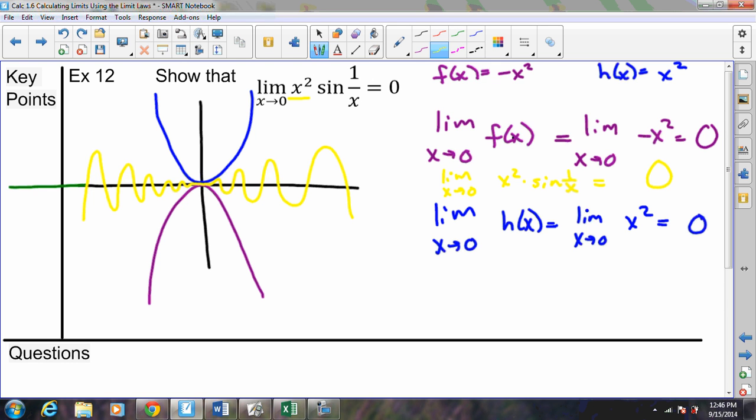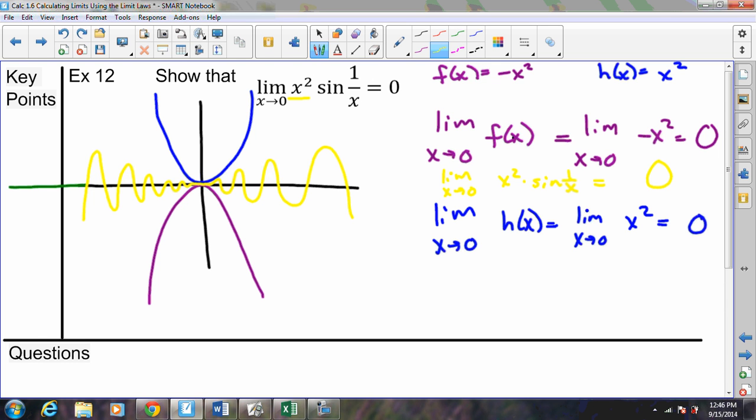Although we don't have a way that we could do a direct substitution, because if you tried plugging in x equals 0, you'd have sine of 1 over 0. You can't divide by 0, so direct substitution does not work. And because it's a trigonometric function, none of our other properties worked for that either.